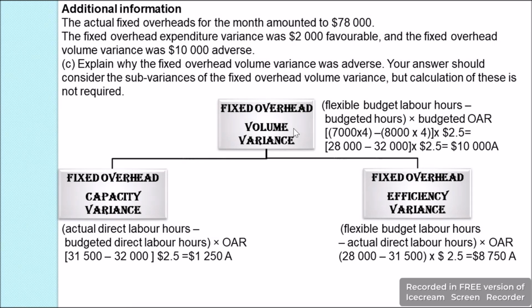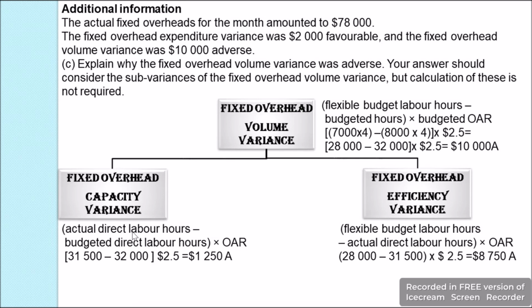Now fixed overhead volume variance will be divided into two subvariances, which will be the fixed overhead capacity variance and fixed overhead efficiency variance. In fixed overhead capacity variance, we take the actual direct labor hours, from there we subtract the budgeted direct labor hours and we multiply by the OAR.